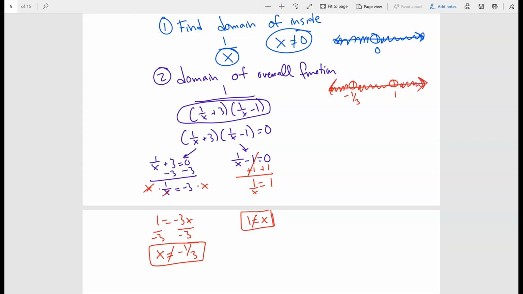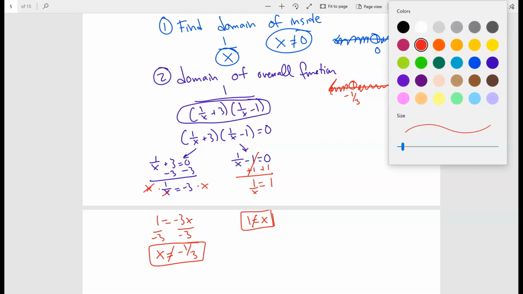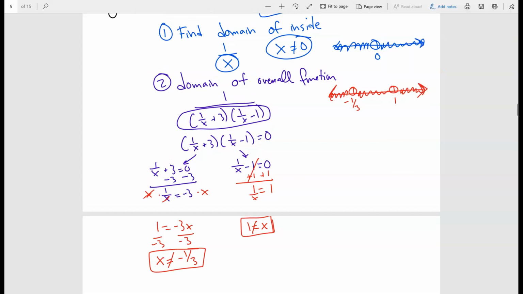Okay, so now that I have both domains, I have to think about what they both have in common. So the first break that they have is at negative 1/3. So you can see that I'm going to include all of this until I get to negative 1/3. I'm not going to include that because that's where they both have the first difference.